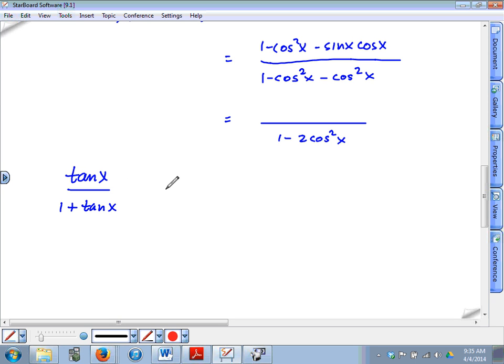Is that what you're suggesting, or just one of them? No, that's what we did before, and then Robert led us astray. So which tangent did you change? Oh, you changed both of them? So the top became sine over cosine, and the bottom became 1 plus sine over cosine.